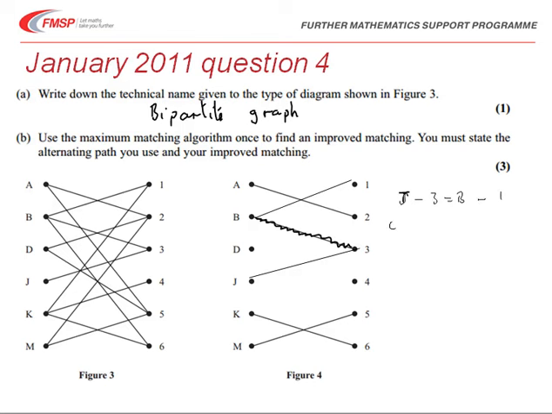And then we changed the state of that to give us J matched with 3 and B matched with 1.